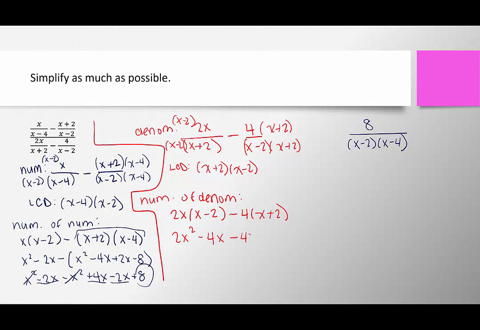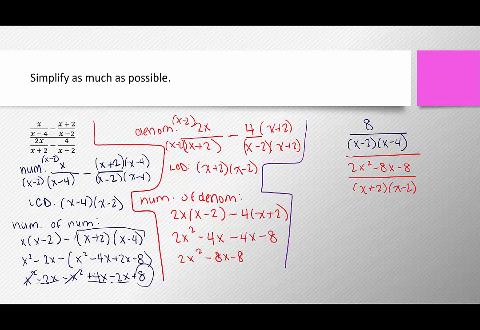Then I get minus 4x minus 8. Combining like terms, 2x squared minus 8x minus 8. So that's the numerator of the denominator. Now I'm ready to put this under the numerator. We have 2x squared minus 8x minus 8 divided by that common denominator, x plus 2 times x minus 2.